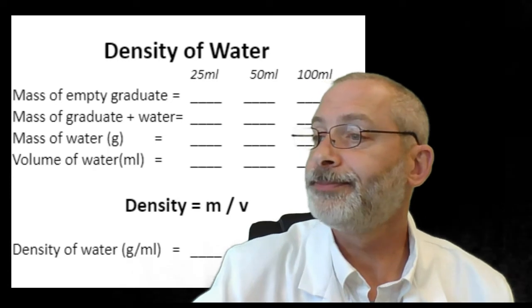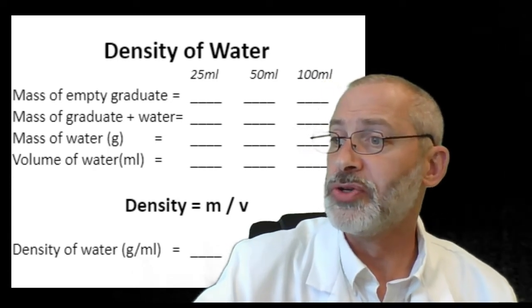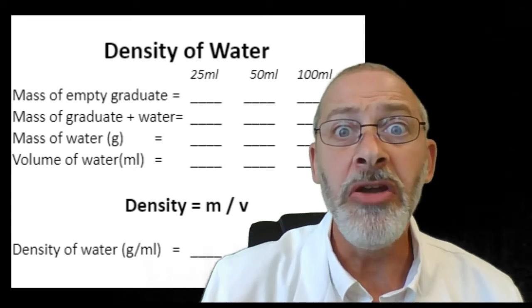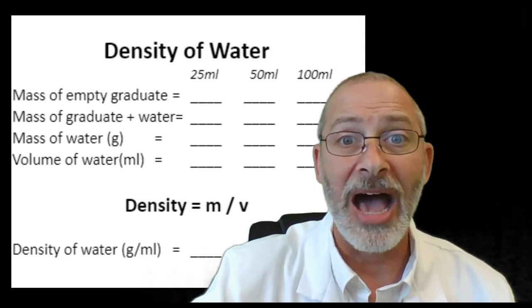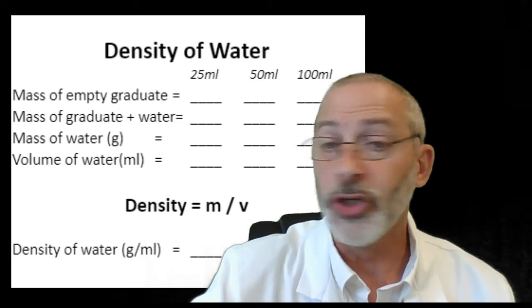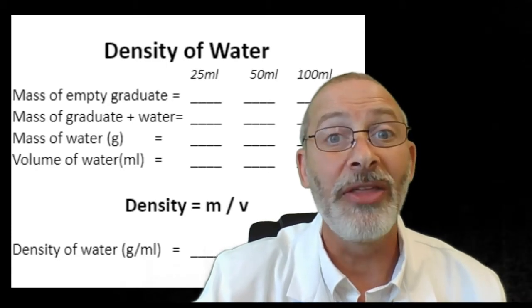It says, now repeat steps using 50 milliliters of water, then 100 milliliters of water. Well, I'm going to help you out with the doing it again, but you are going to have to do the math on your own.